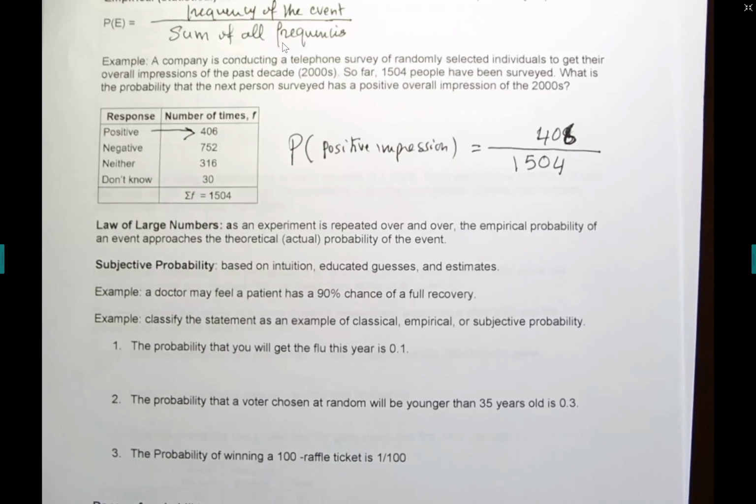So this is an example of subjective probability. Another example of subjective probability is when financial analysts predict an increase or decrease in the stock market. These are based on guesses. That's why, if they were facts, everybody would go and invest in the stock market. But because they're based on intelligent guesses, they could be right or could be wrong.